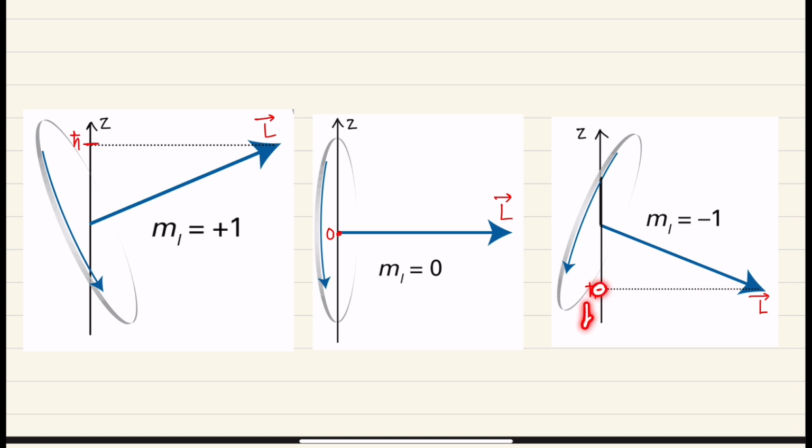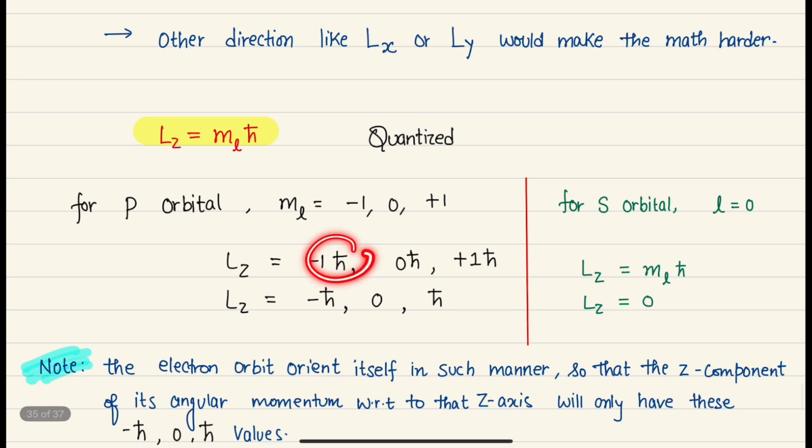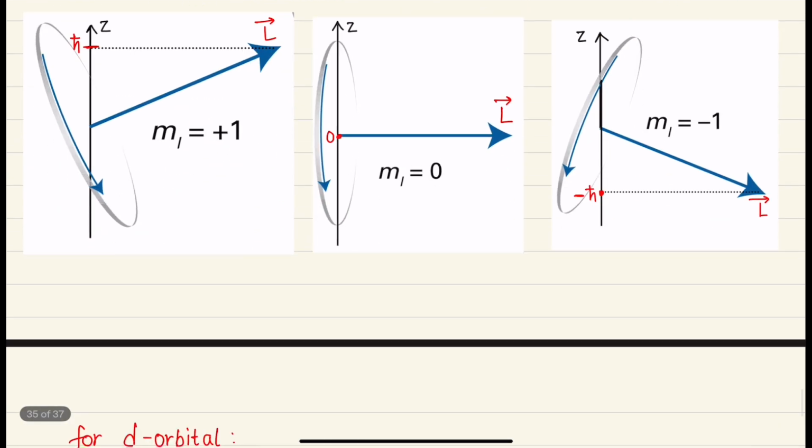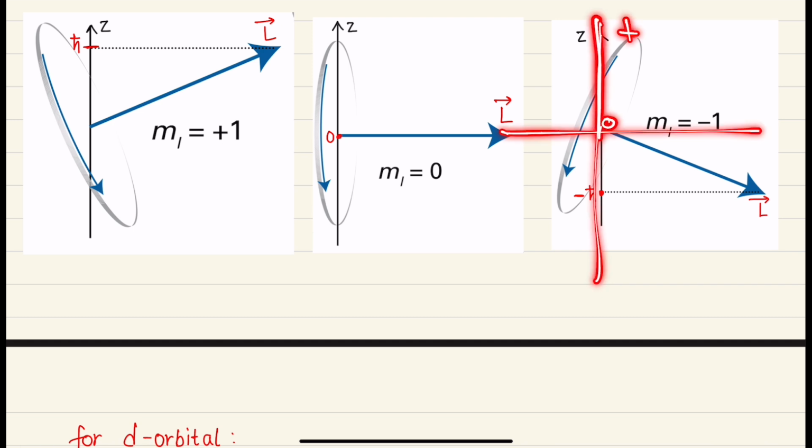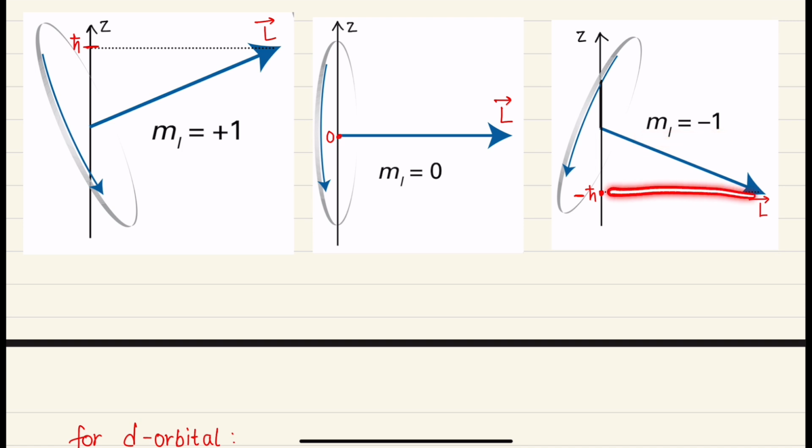So this value will be h cross, but with a minus sign, because for ml equal to minus 1 we got minus h cross. If you put minus 1 here, you will get Lz equal to minus 1 h cross, that is minus h cross. This is your z axis, and this is your 0; here all the values are positive, and here all the values are negative. So for ml equal to minus 1, the component of Lz on the z axis is minus h cross, right?